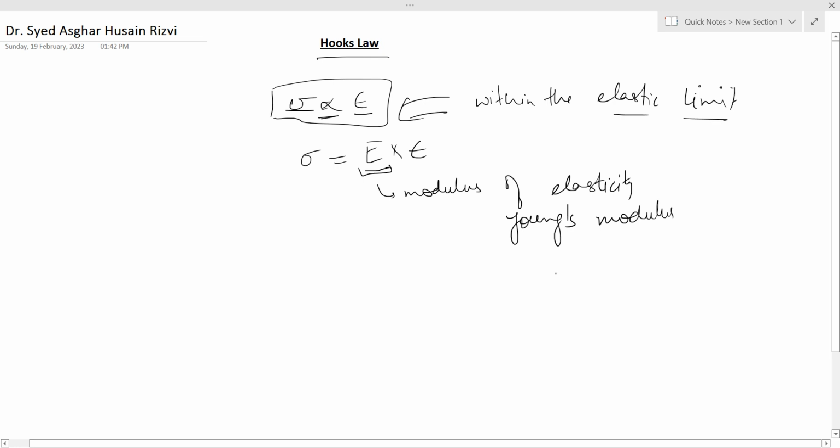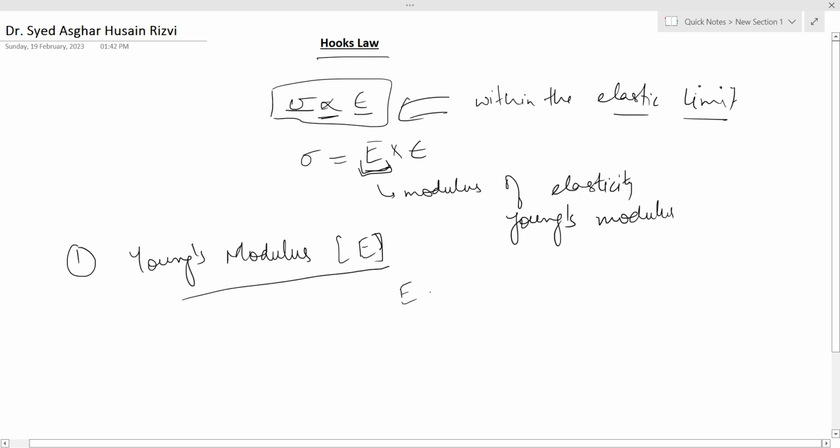There are three types of Hooke's constant that are based on the particular stress and strain that are related to it. The first one is Young's modulus or modulus of elasticity. It is denoted by capital E, and it is the ratio of normal stress to the normal strain under elastic limit.